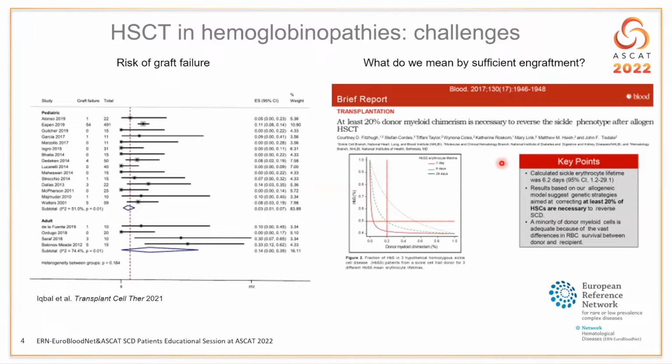The next point, this is a difficult slide, but just to give you an idea of this topic. As I said before, with the transplant, we need to achieve the engraftment of the donor cells. Nevertheless, we don't need to achieve 100% donor engraftment in the transplants for sickle cell anemia or for thalassaemia or hemoglobinopathies in general. We know that also a partial engraftment of the donor cells can be sufficient to completely cure the disease.